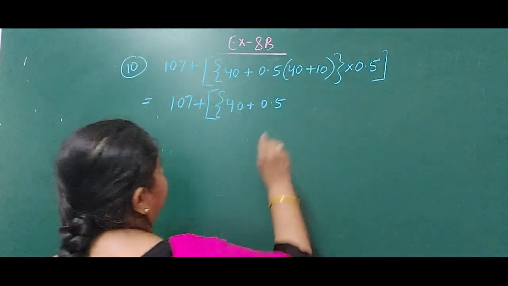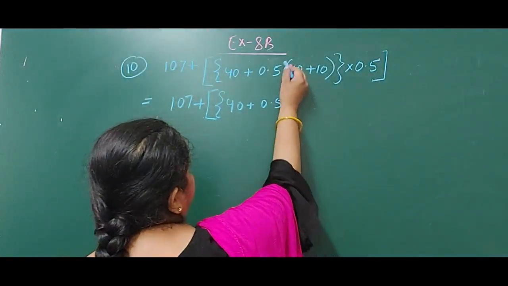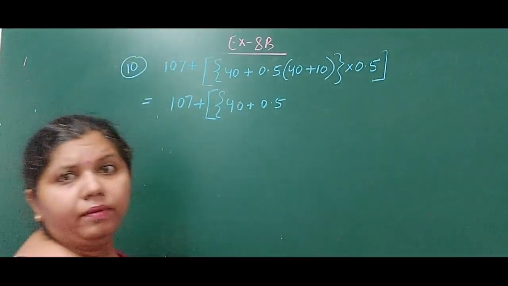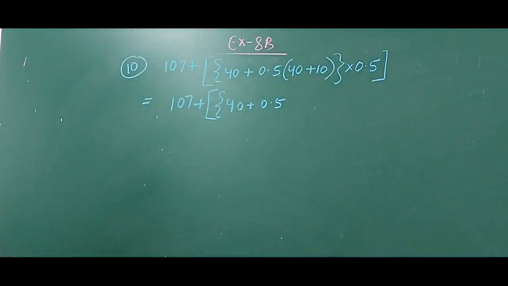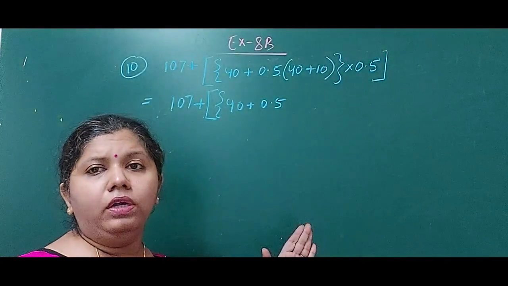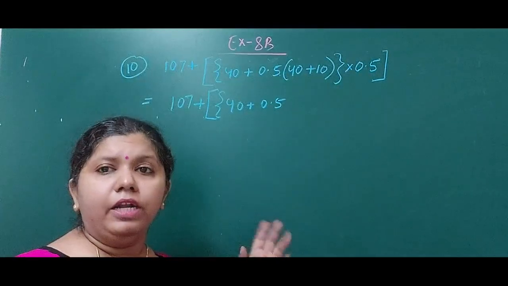It is 50. Now you see before this bracket there is nothing, I mean no operation is there. So by default we take it as multiplication.